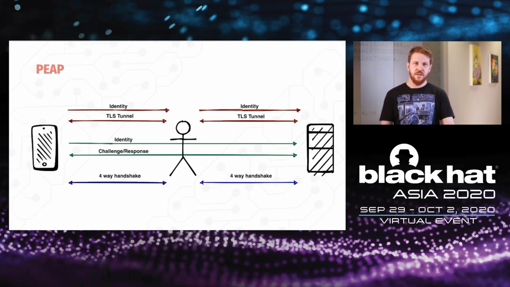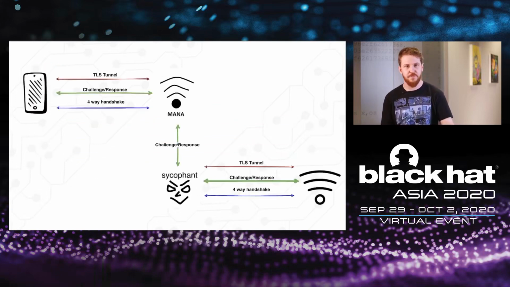You can see here that we've got two separate TLS tunnels being set up, whereas we are only relaying that inner MS-CHAP exchange. And then we are setting up a different four-way handshake at the end. This is done using two components. I have an evil server, which in this instance I chose to be hostapd-mana, which has all sorts of other Wi-Fi attacks built into it as well.